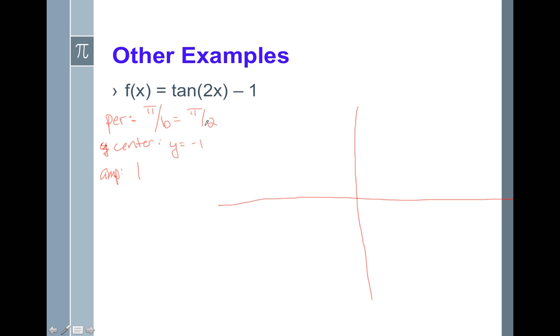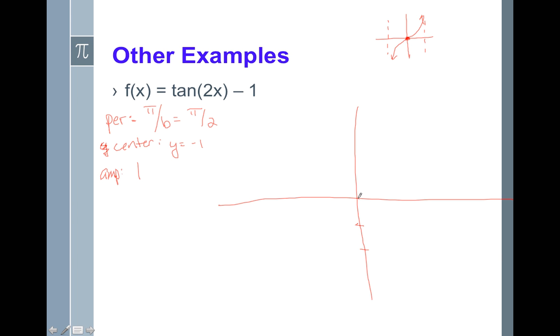Now, for tangent, if you recall, you should because it wasn't that long ago, the parent function looks like this. It really does look like a cubic function, except it has vertical asymptotes. Because it goes through the point 0, 0, that is the point that you must move first. So since the period is pi halves, there's no horizontal shift, but there is a vertical shift.